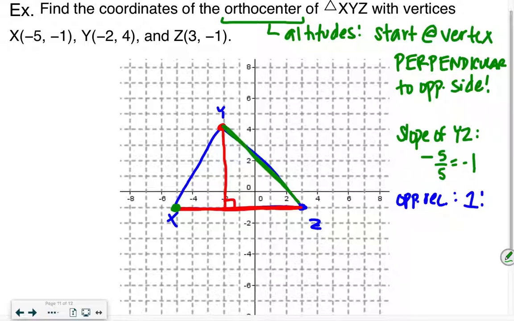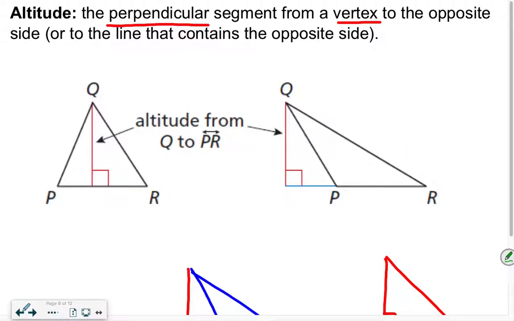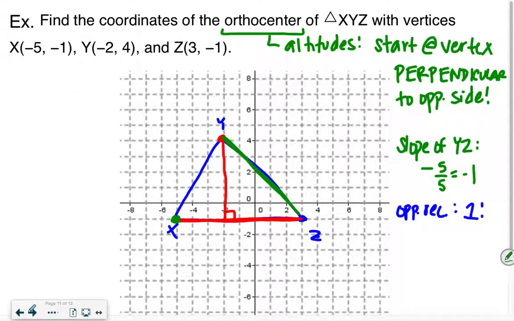Bear with me. So we have to still start, don't forget, I'm going to go back for a minute. Altitudes start at a vertex. So we're going to start at the vertex and then use the slope of +1, up 1 over 1, up 1 over 1, up 1 over 1 to draw in my line. So I'm going to start here at X and go up 1 over 1, up 1 over 1, up 1 over 1.